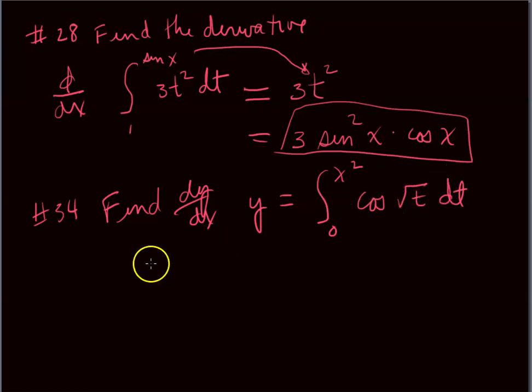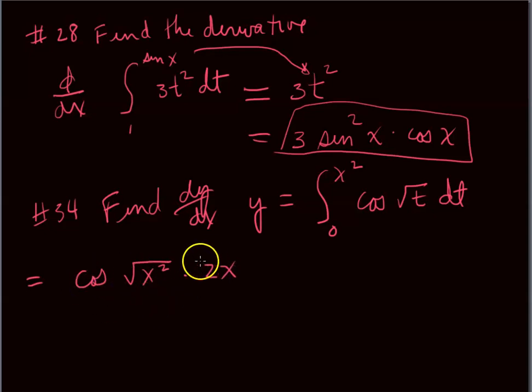So when you want to find the derivative, you take that cosine, square root, put in the x squared, but then you've got to take the derivative of that x squared, times the 2x.